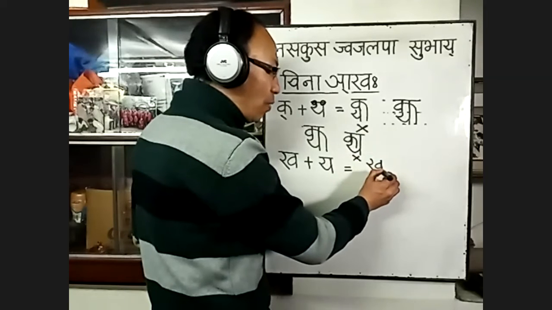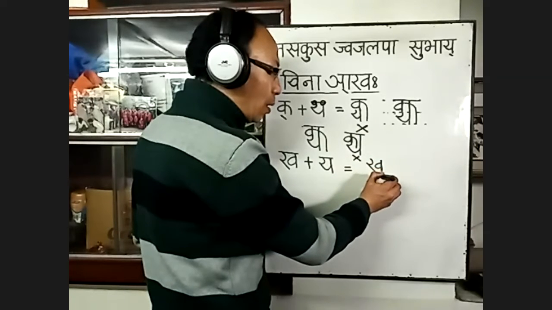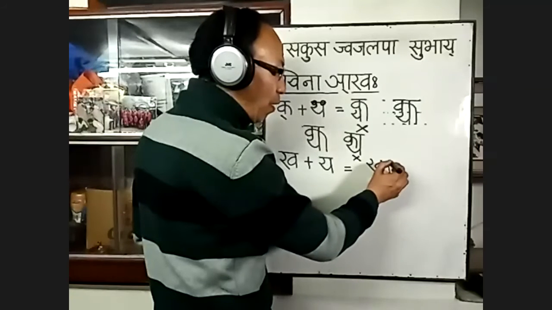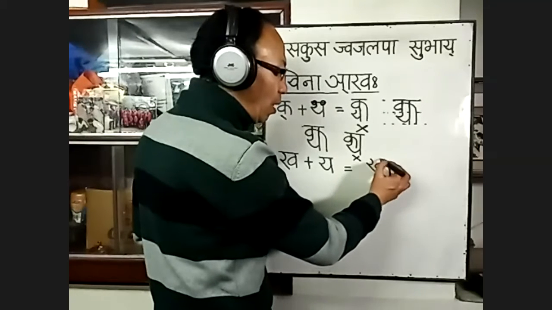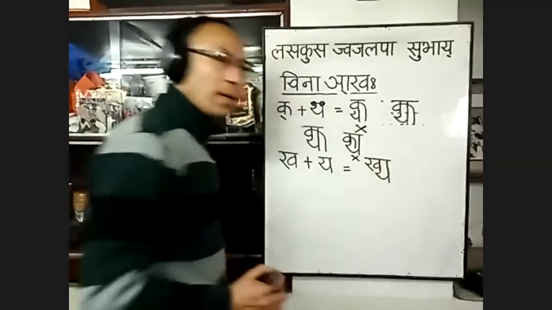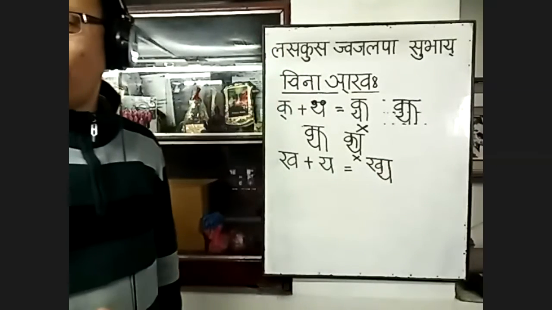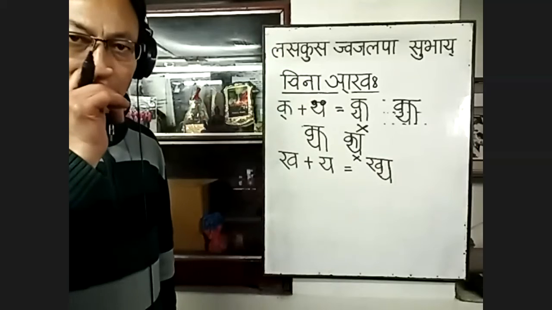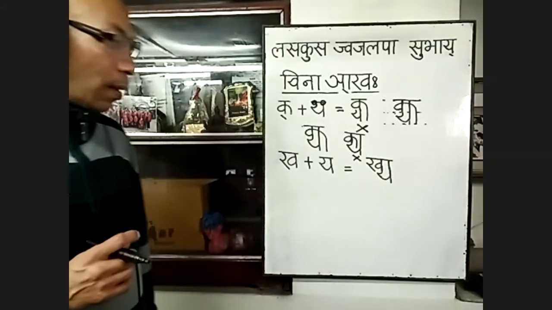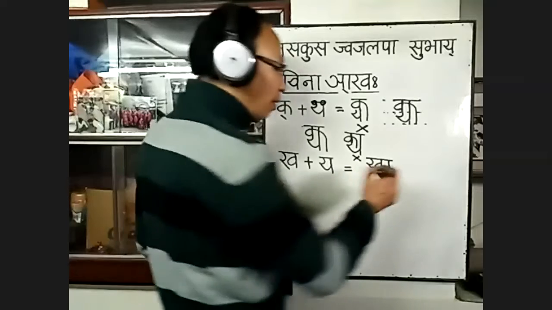And then from here, what you do is you give ya, and give this line from top to bottom, the other line, and give la. And this is kya. Okay, any confusion here?